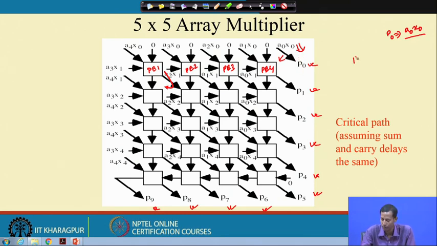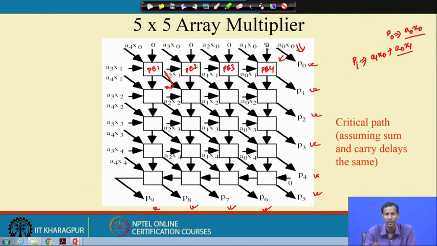Then what is my P1? That is A1 x0 plus A0 x1, correct. In this next one, this is P4.